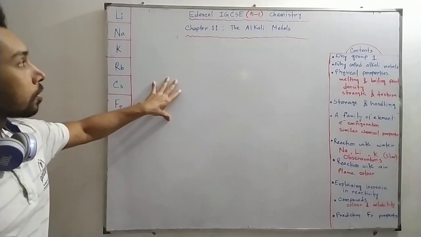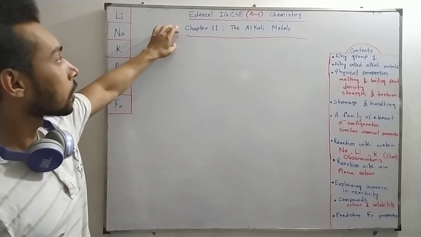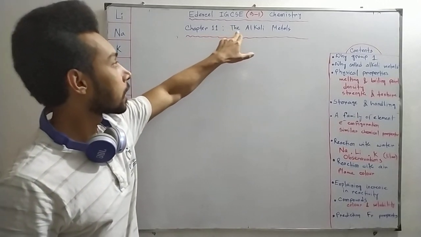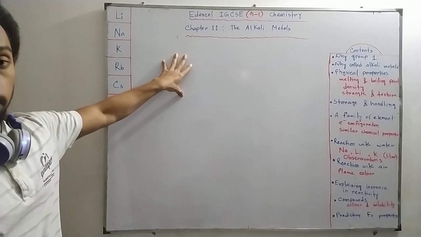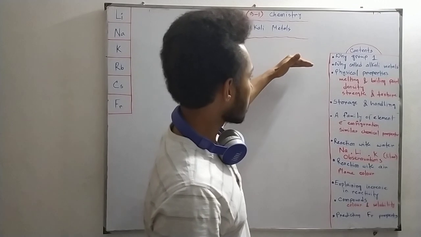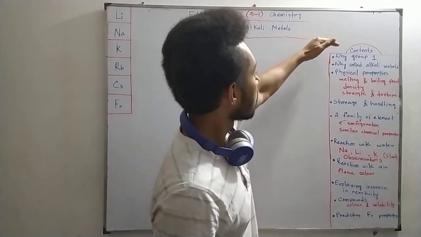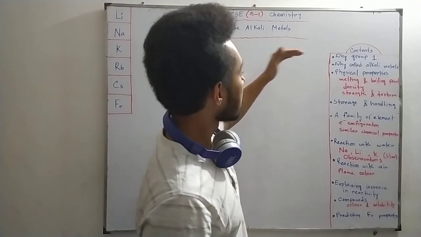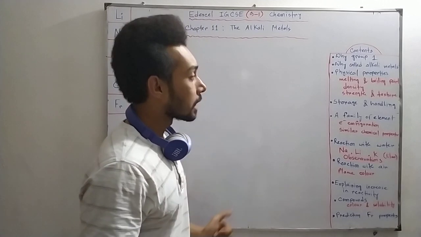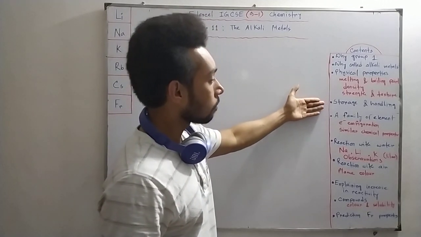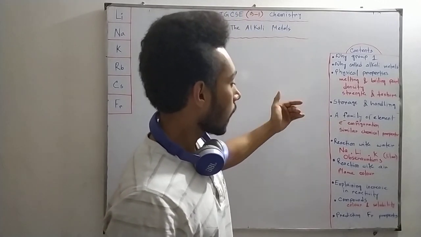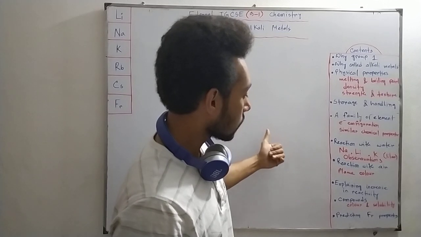Today we are going to study chapter 11 of the Edexcel IGCSE chemistry syllabus, and the name of the chapter is the Alkali Metals. In this chapter we'll be discussing these topics: why they are in group 1, why they are called alkali metals, some of their physical properties, how to store and handle them, why they are a family of elements, and some reactions of these elements.